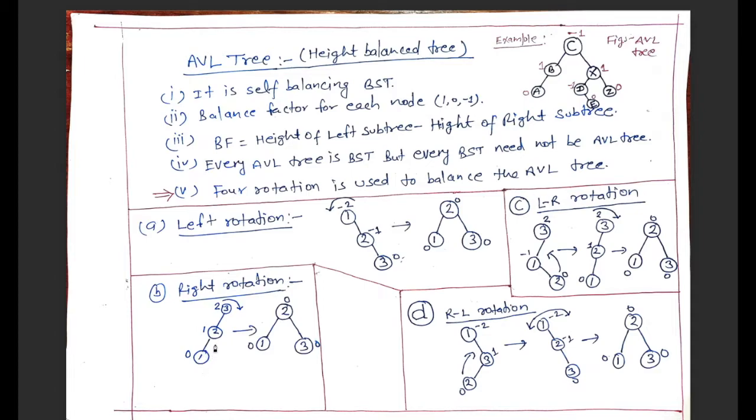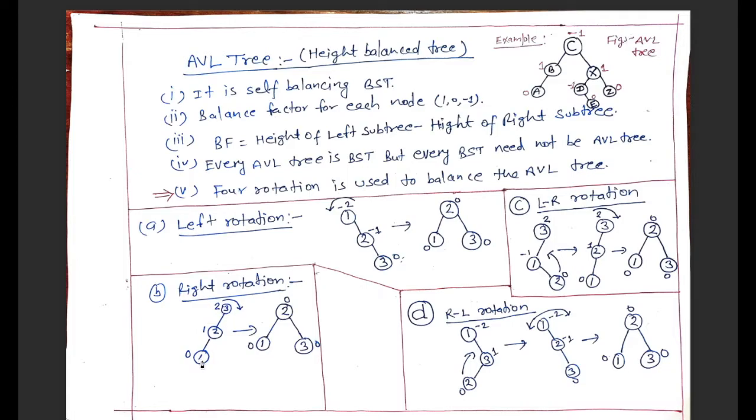Again you insert 1, which is less than 2 and 3, so it will come to the left of 2. It means when you insert nodes in the AVL tree and get this kind of situation, all nodes are on the left side. Earlier all nodes were on the right side, so we applied the left rotation. Here all the nodes are on the left side, so apply the right rotation.